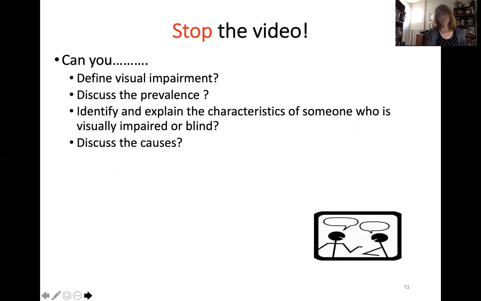So what I want you to do right now is stop the video. As we would in class, you get to turn to your partner and discuss different things and share ideas with each other. How do you define visual impairment? How prevalent is it in the United States?